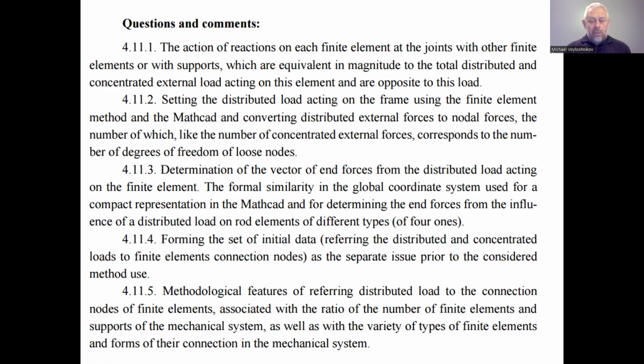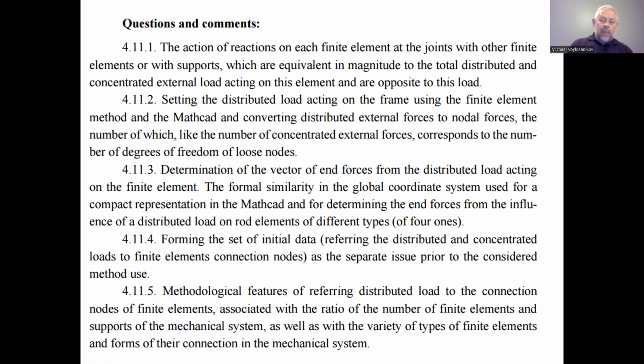The action of reactions on each finite element at the joints with other finite elements or with the support are equivalent in magnitude to the total distributed and concentrated external load acting on this element and are opposite to this load. Yes, it is. We consider finite elements separately, assuming the type of finite element, one of 4 types, and assuming the absence of external load acting on the finite element, and we find the end reactions of the finite element.